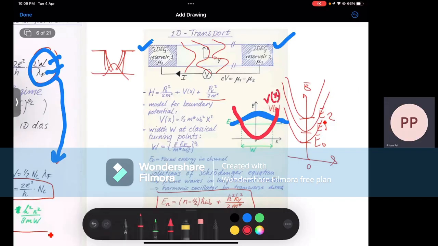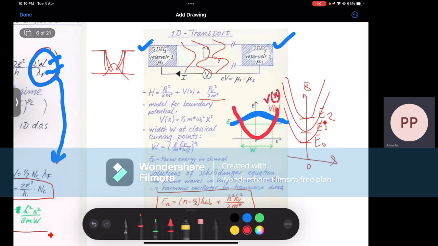This blue line is one of the eigenstates. So the wave function is confined like this, shown in red on the transparency, and blue is one of the eigenstates.